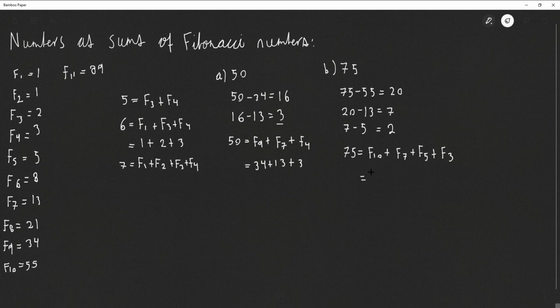Which again, we can show as 55 plus 13 plus 5 plus 2, just to check.